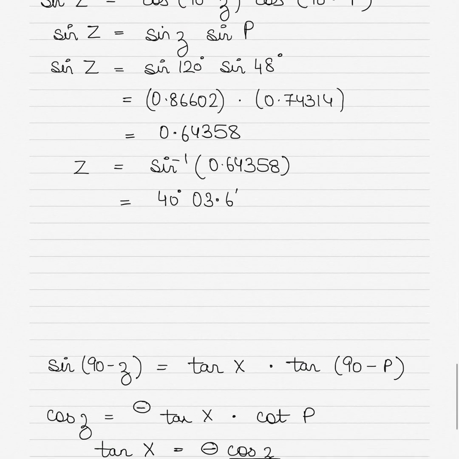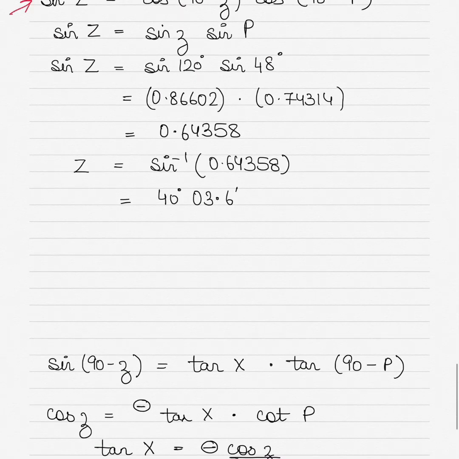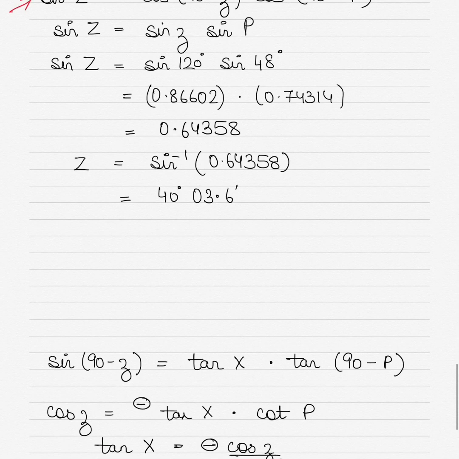So that results in the equation sine of z equals cos of 90 minus z and cos of 90 minus p. Now remember I told you in quadrantal triangles, if in the initial equation both are sides or both are angles on the right hand side, you will introduce a negative sign. But here one of them is a side, which is side z, and the other is an angle, which is angle p.